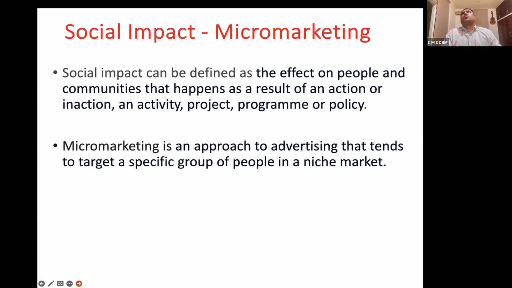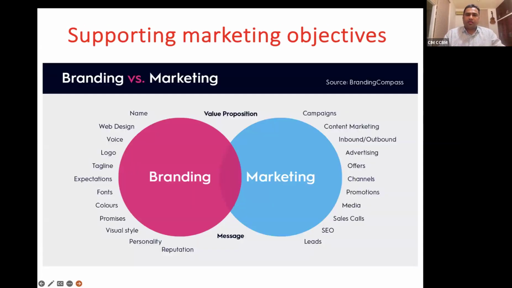Example, if you are going behind targeting people who are eating organic food. So organic food is a niche market. It's a micro market. So you then have to target them carefully because only few people will eat organic food, right?